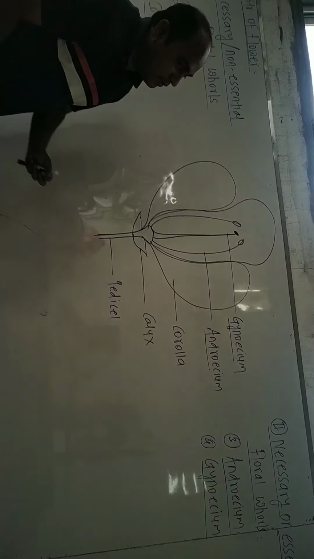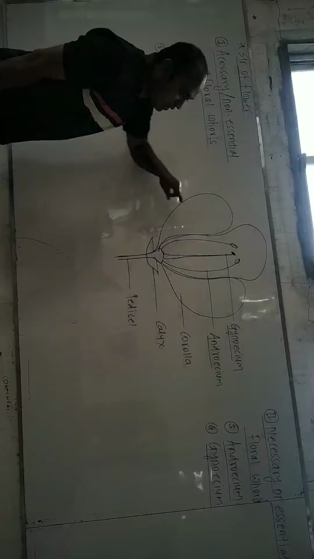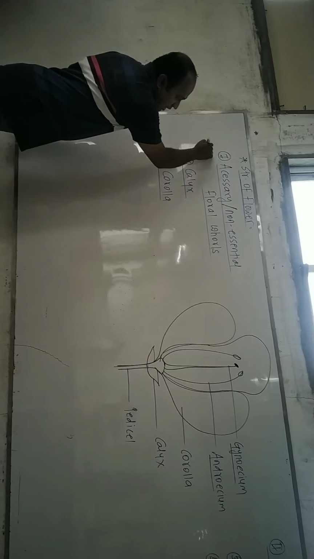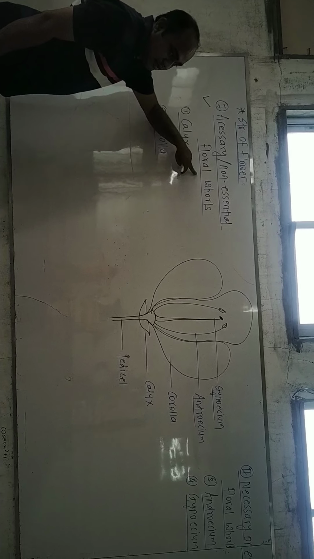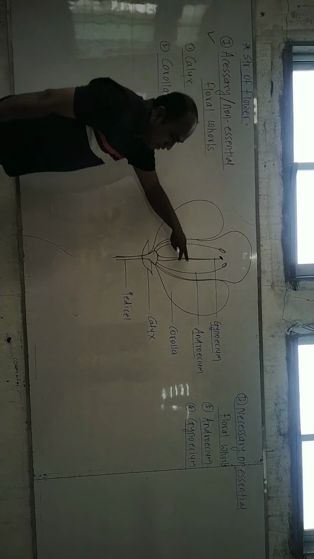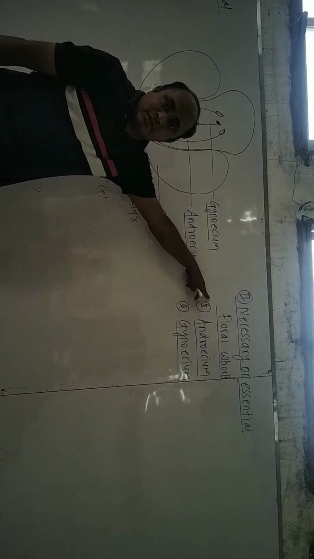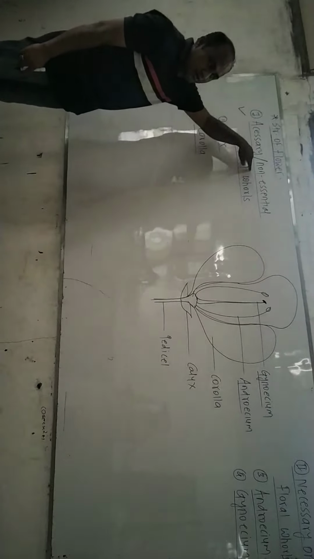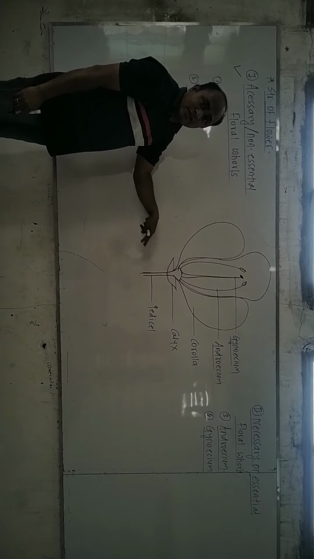So the flower is basically divided into two parts. The first part is called the accessory or non-essential flower parts, and the second part is called the necessary or essential flower parts. Why is the term accessory or non-essential given?